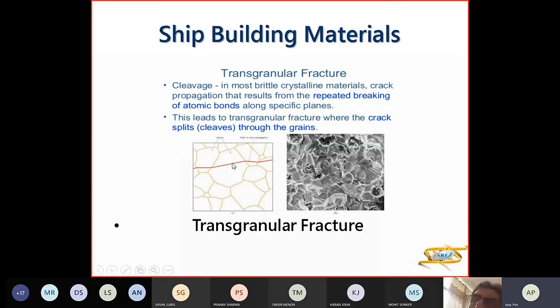You see, the cleavage is on the red line, so it is not going along the edges, but through and through the grains. So this is transgranular fracture.